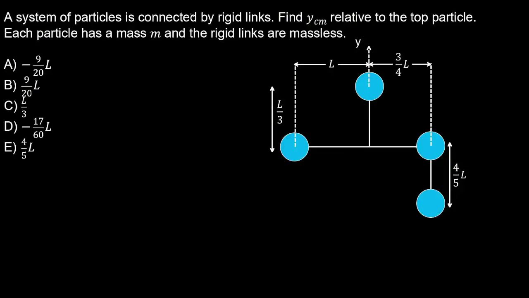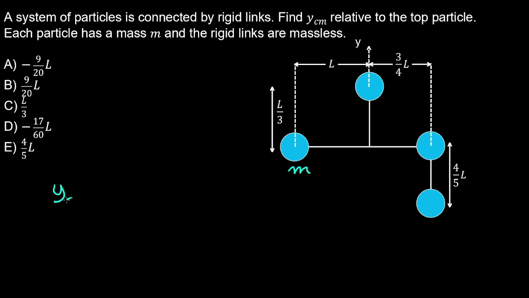A system of particles is connected by rigid links. Find the center of mass in the y direction relative to the top particle. Each particle has a mass m, and the rigid links are massless.